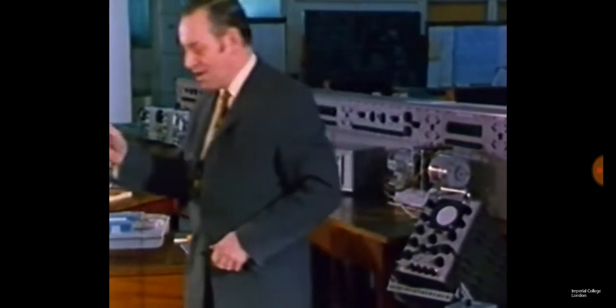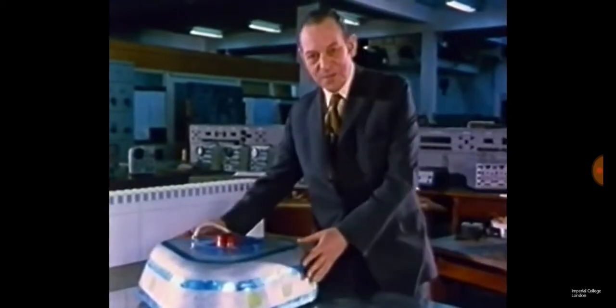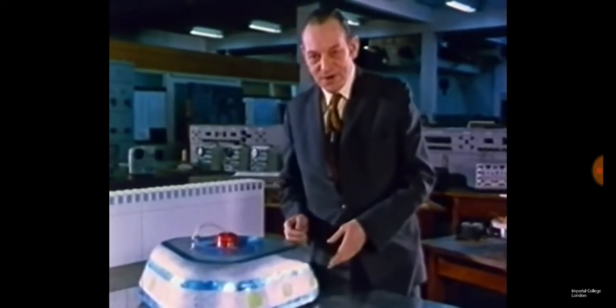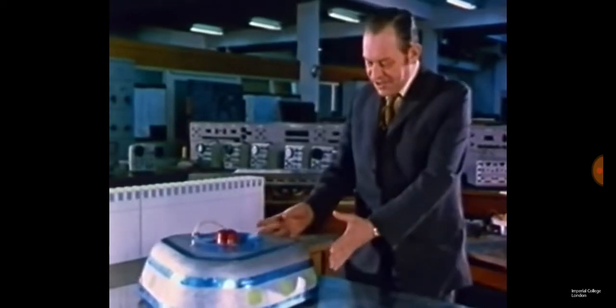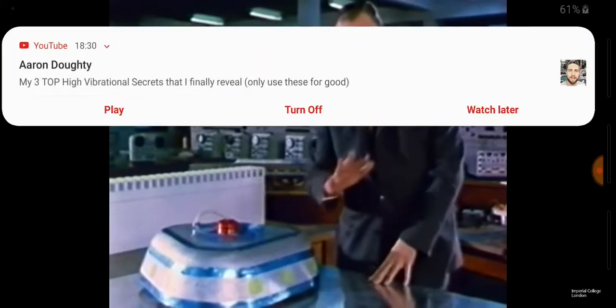Now, of course, there are all sorts of interesting possibilities for this kind of motion. Here's one of them. A Martian war machine inspired by H.G. Wells's War of the Worlds. When switched on, this machine will levitate itself above this aluminium sheet and also propel itself along.